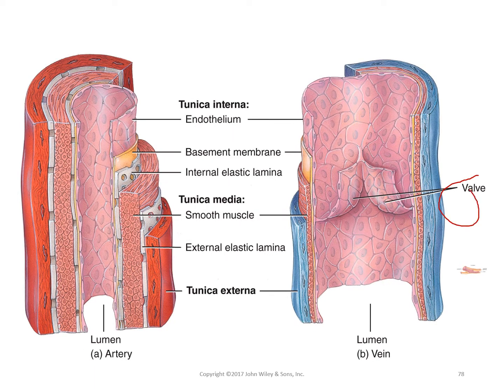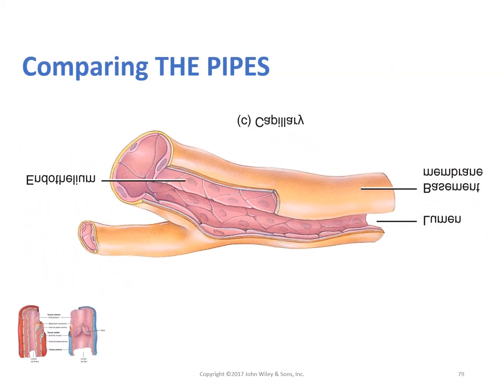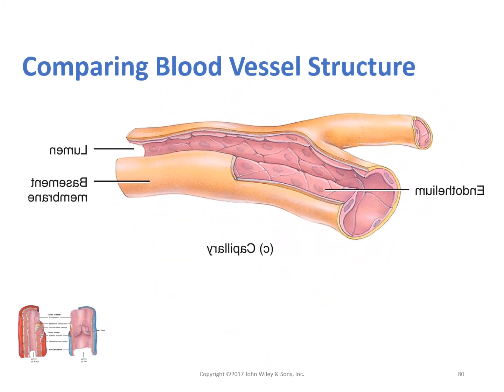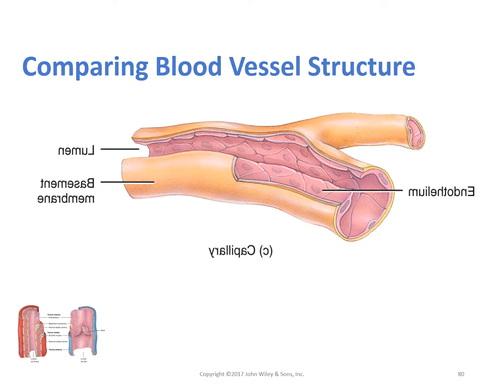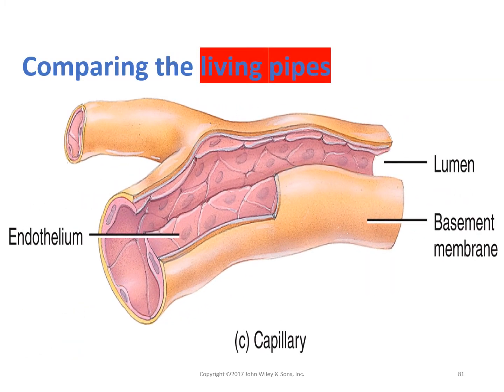The veins have valves. The capillaries are basically endothelium and some basement membrane, which means some material that holds it down to the surrounding loose areolar connective tissue.